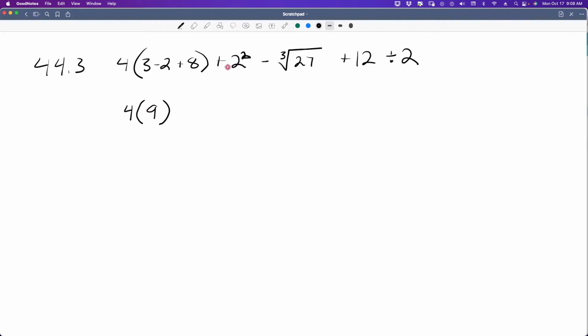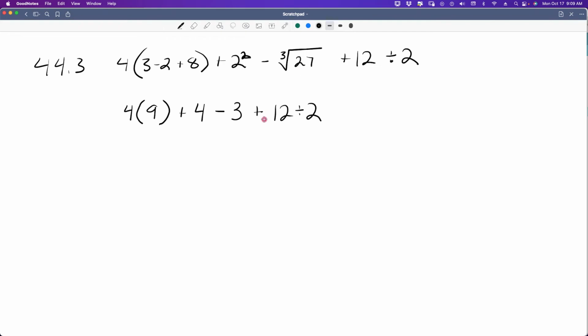We've done all our parentheses, so now we do our exponent. 2 squared, that's 2 times 2, that's 4. Minus the third root of 27. I know that 27 is 3 times 3 times 3. That is the third root of 27, so it's minus 3. Plus 12 divided by 2.